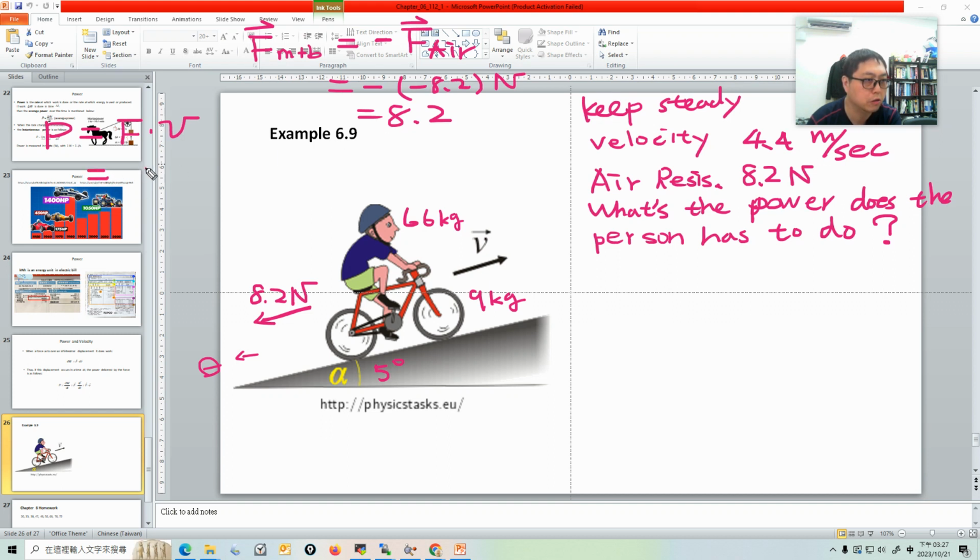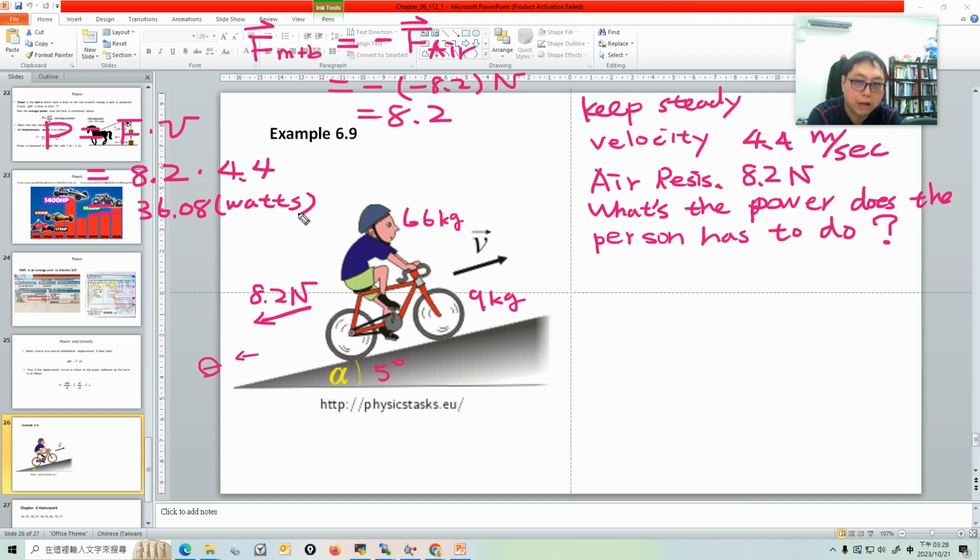So it's 8.2 times the velocity, 4.4. Where's my calculator? 8.2 times 4.4 is 36.08. And don't forget the unit of power: watts.